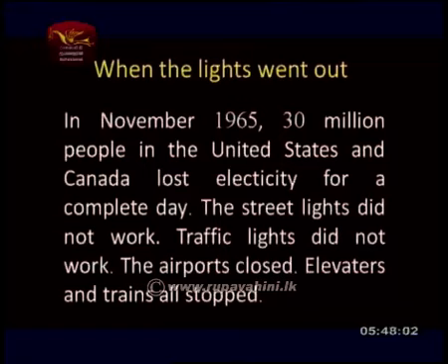The street lights did not work. Traffic lights did not work. The airports closed. Elevators and trains all stopped. So in November 1965, 30 million people in the United States and Canada, two countries, because Niagara Falls can be found between the two countries. Therefore, both countries lost electricity for a complete day.